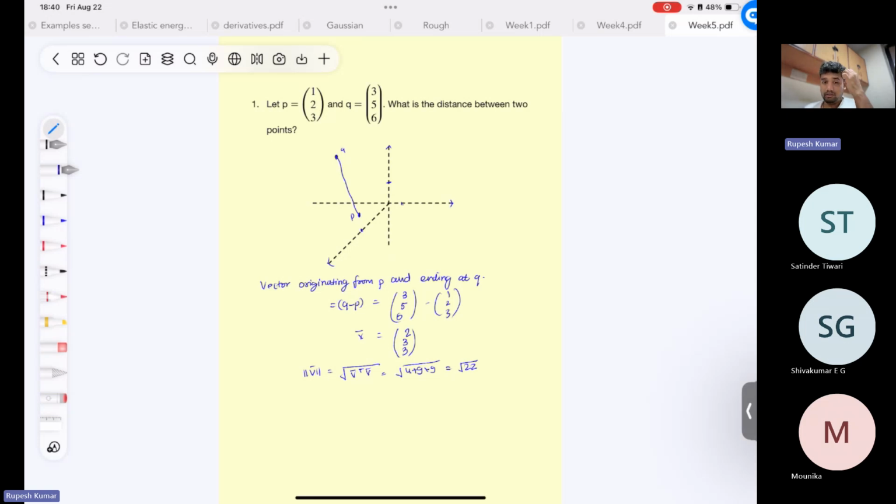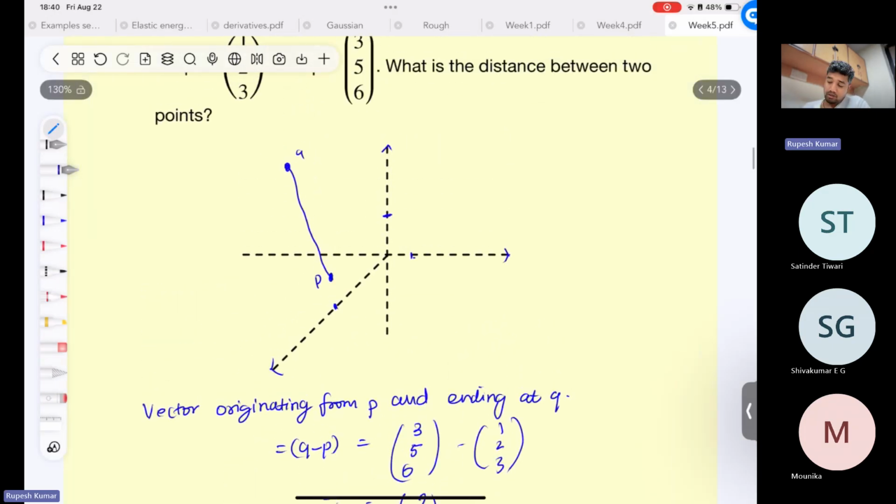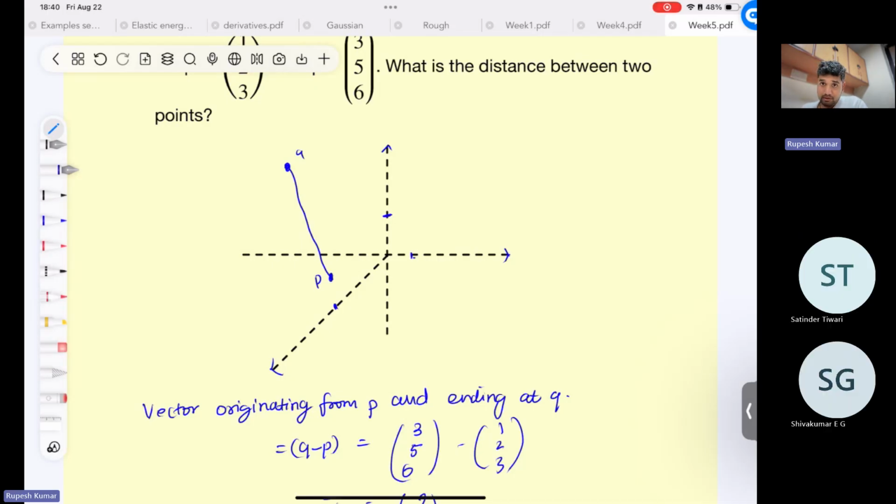This is a pretty straightforward problem. You all can get to the answer from here also. Again, there are other ways to do this. You can always try to come up with geometric proofs or geometrical solutions to these problems. For example, say you have a point Q and you draw a vector to the origin, and from point P you draw a vector to the origin.